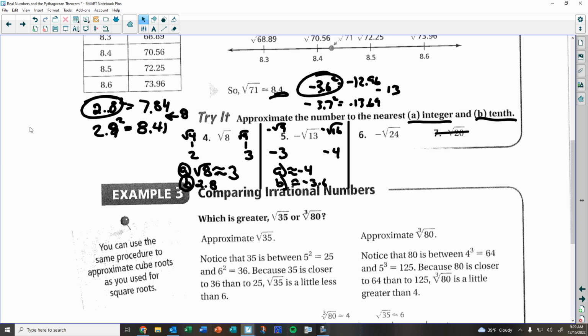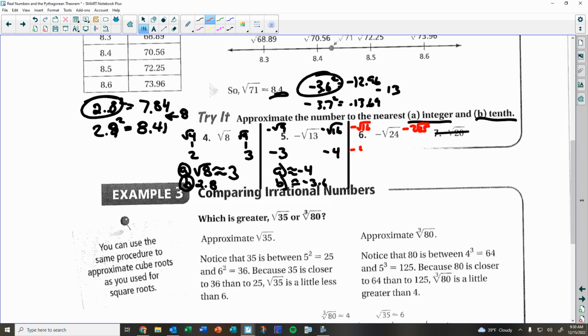So what two integers did the negative square root of 24 fall between? 25 and 16. Right?